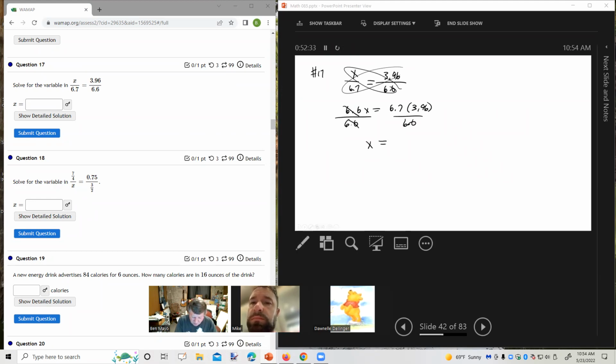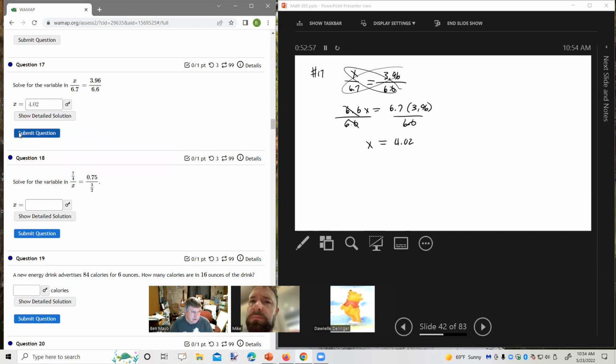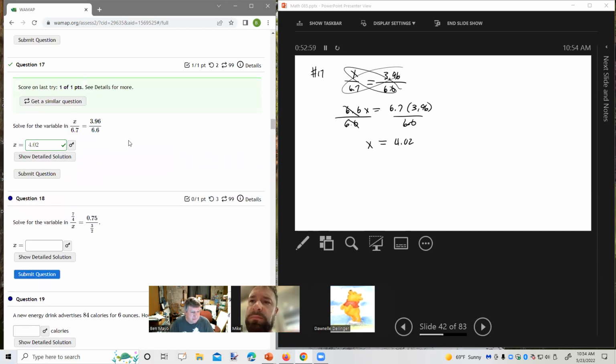So x equals 6.7 times 3.96 divided by 6.6 comes out to 4.02. Yes, I'm using a calculator. Yes, you can use a calculator.